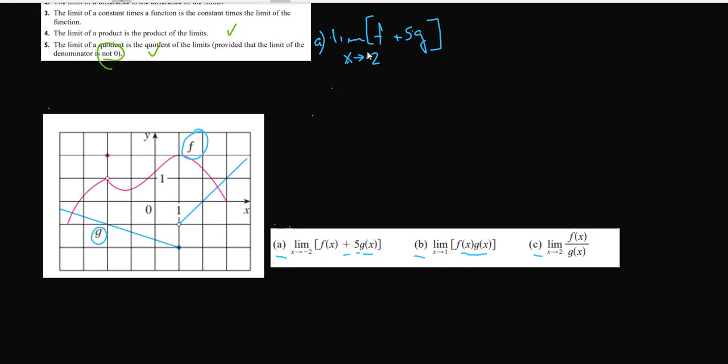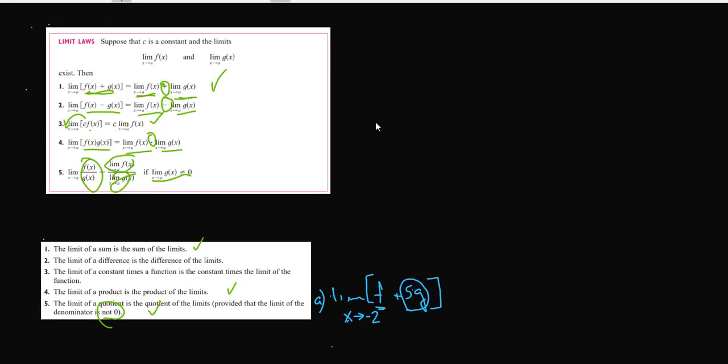The first one here, A, is the limit. I'm going to leave out the x here. I'm just not going to write that. The limit of f plus 5 times g. Here we can say we have one function here and another function here. We're going to call that whole thing 5 times g, the other function. Since it's f plus some other function, we can use this property here.